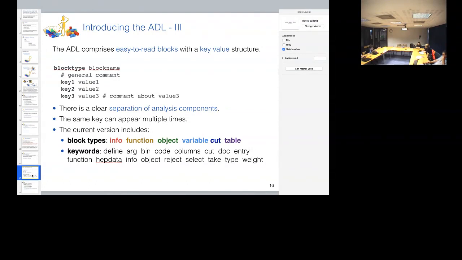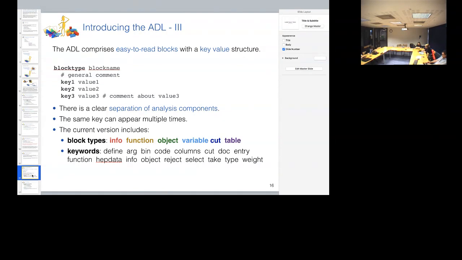The other thing is to try to have a clear separation of the analysis components. If you read a typical paper, if it's well written, then you see a clear separation in the analysis components. But often, we tend to get things all tangled.